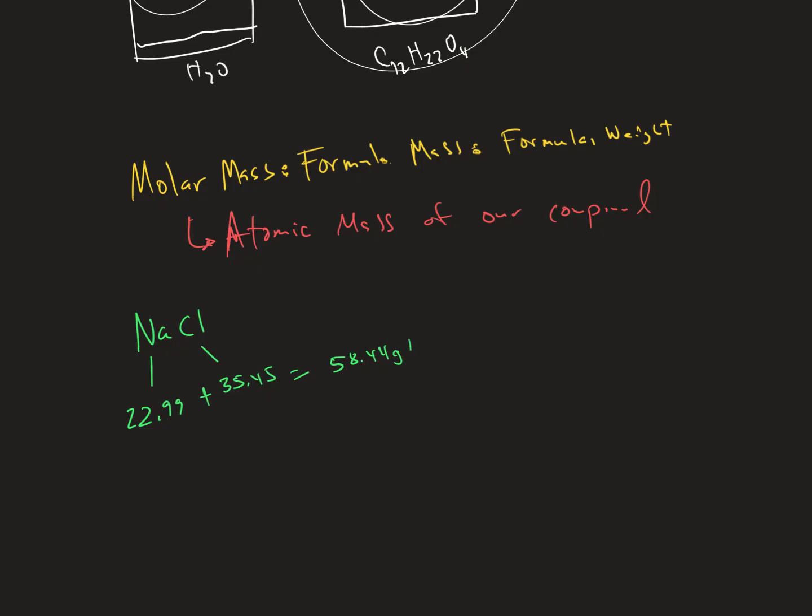Grams per mole. And the book might use AMU, but that's not useful. So we'll use grams per mole. If you have 1 mole of salt, it's going to have a mass of 58.44 grams. And we could do that with any substance.